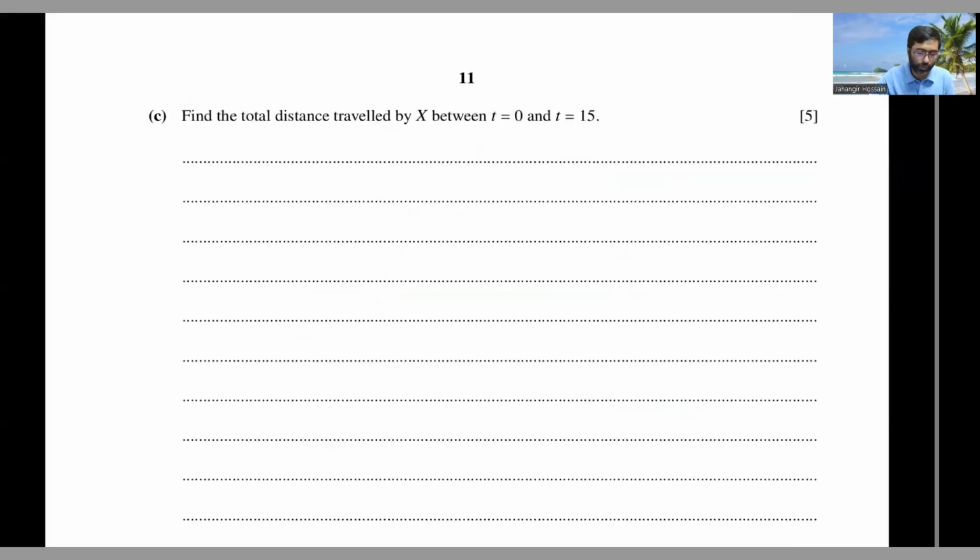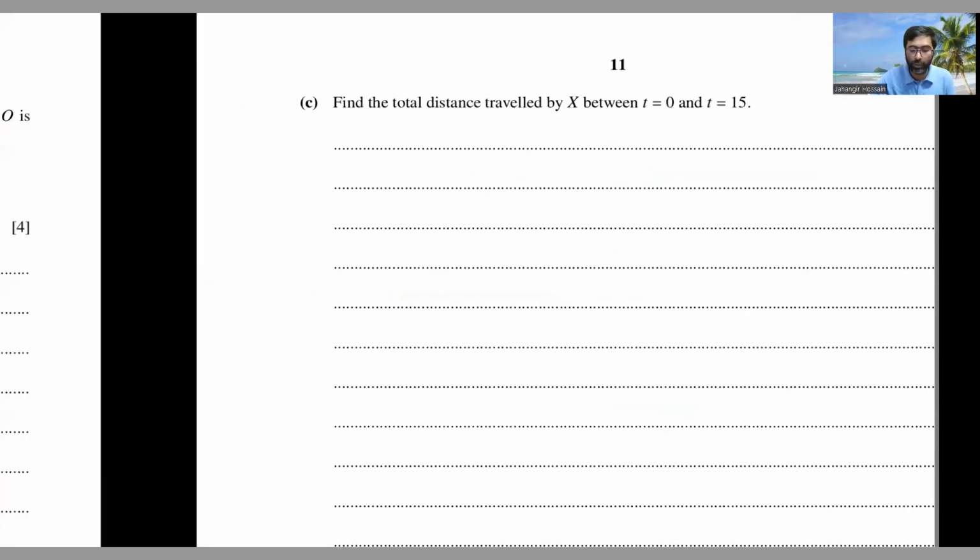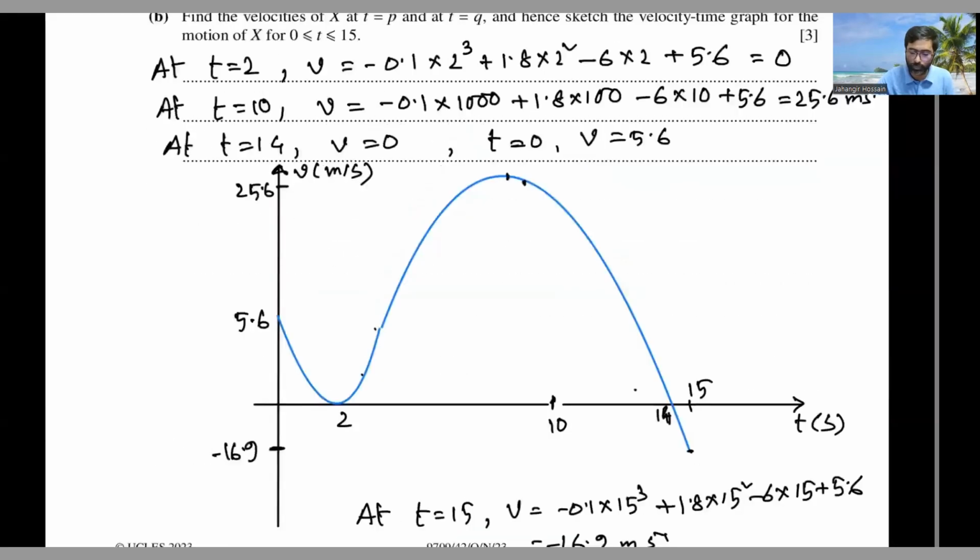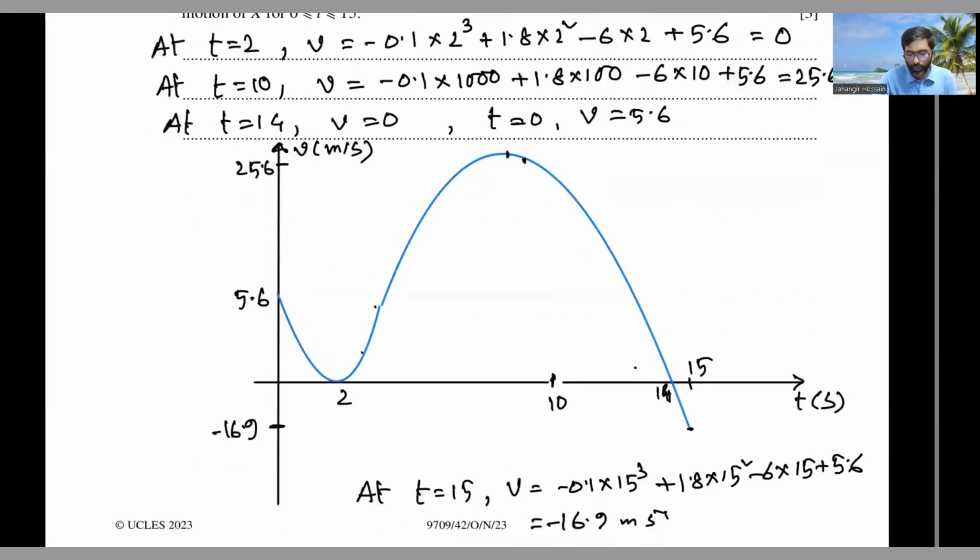Now let's move on to the next one. Find the total distance traveled by x between t equal to 0 and t equal to 15. We can find the total distance traveled between t equal to 0 and 2 first, then 2 to 14, then 14 to 15.